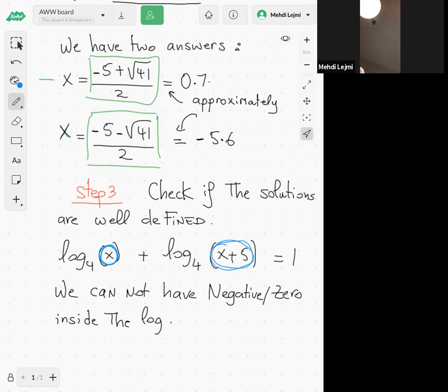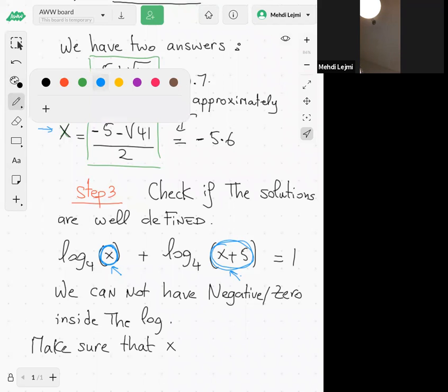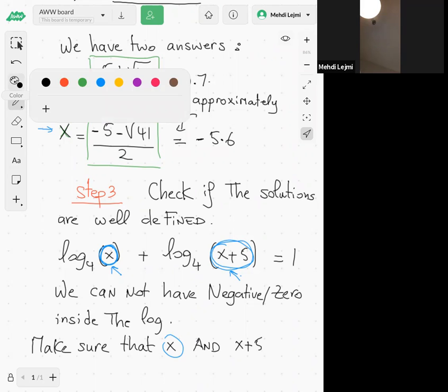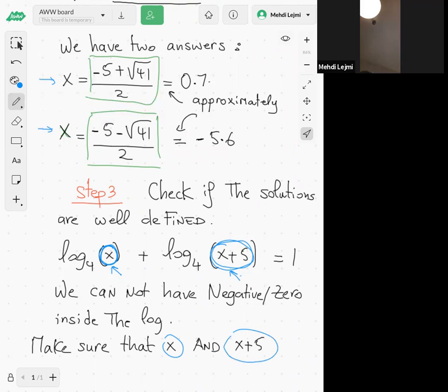I need to make sure that x, which is inside my first log, and x plus 5, which is inside my second log, are both positive when x is equal to the solution.